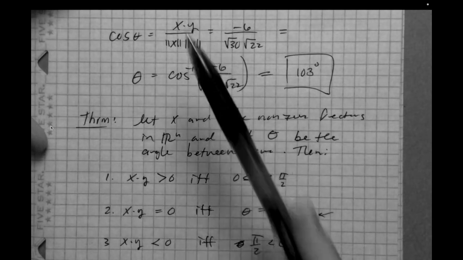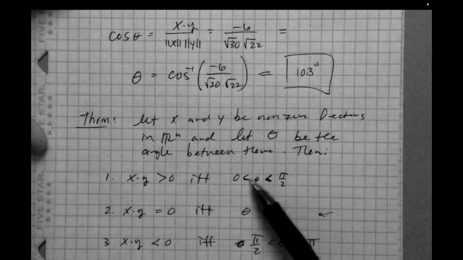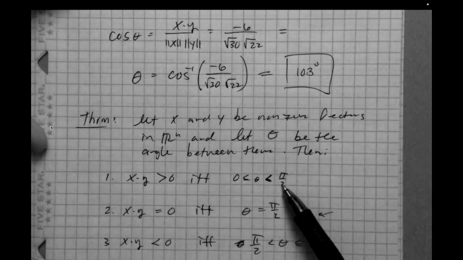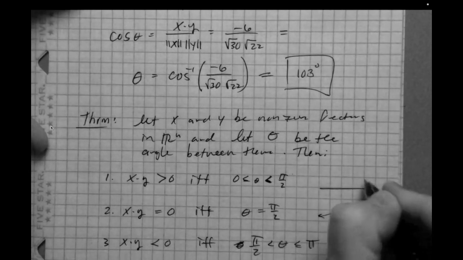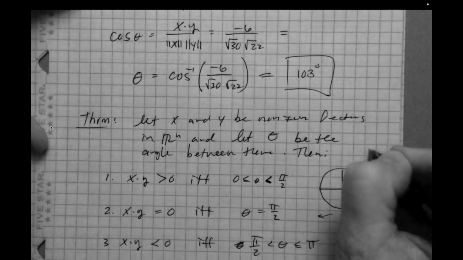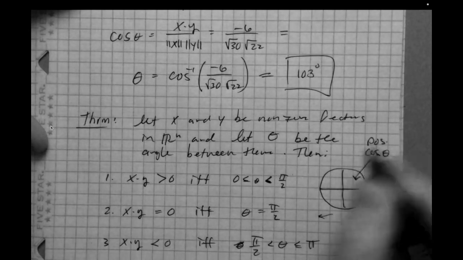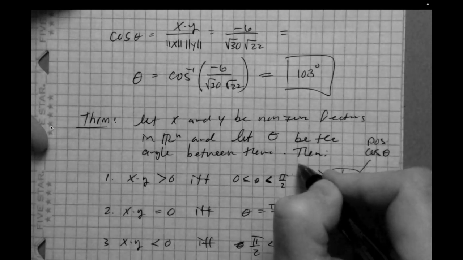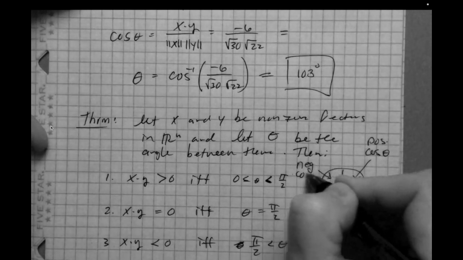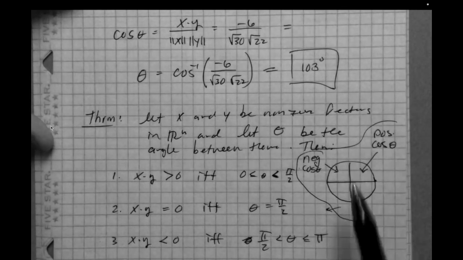The dot product is positive whenever theta is in quadrant 1. Remember from trigonometry, imagine your unit circle. Over here, cosine is positive. Over here, negative cosine.